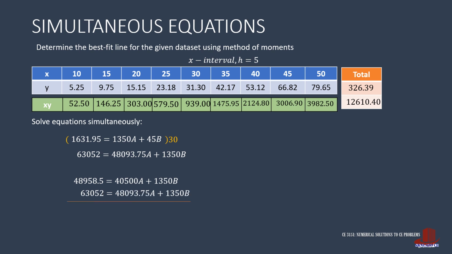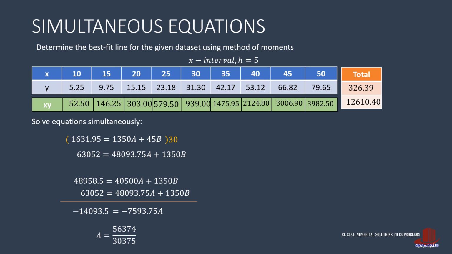Subtract the second moment and have negative 14,093.5 for the constant on the left. The term with a will then have a coefficient of negative 7,593.75.